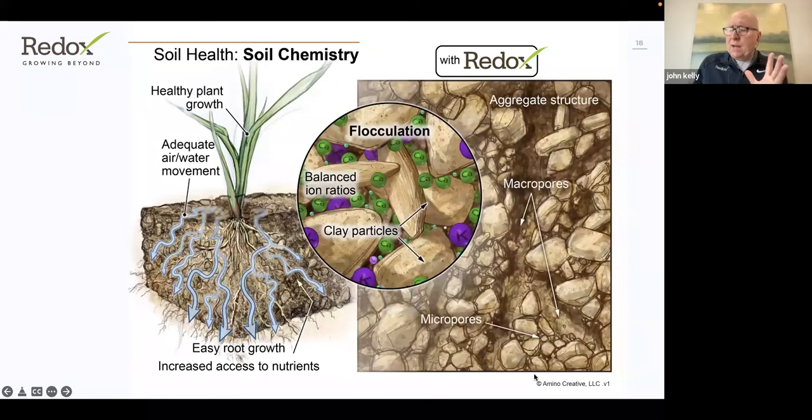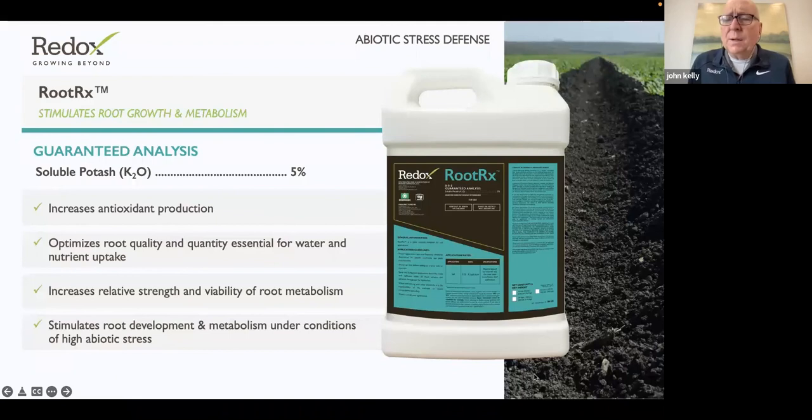With that in mind, I'd like to introduce just a few product technologies to give you an idea how we can implement these practices. The first product I'm going to discuss is called Root RX. Root RX is a botanical extract, and what it does is it stimulates root growth and plant root metabolism, particularly under very adverse conditions for root growth.